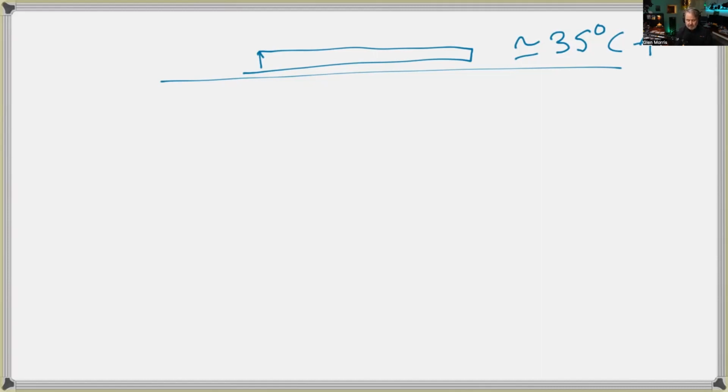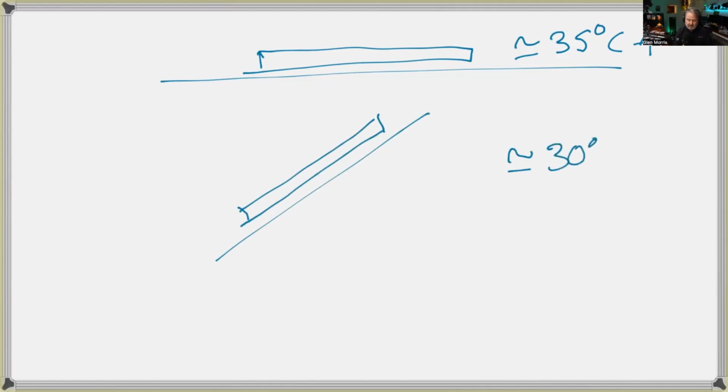If you put them on a roof that's inclined, and basically inclined more than about 5 degrees will do it, but 10 or 15 is better, and you mount the panels parallel to the roof like this, you'll get approximately 30 degrees temperature rise, because now you're getting some convection.